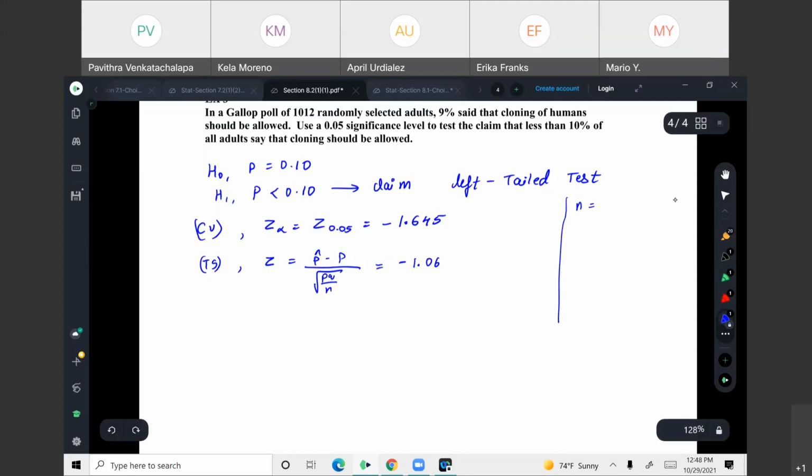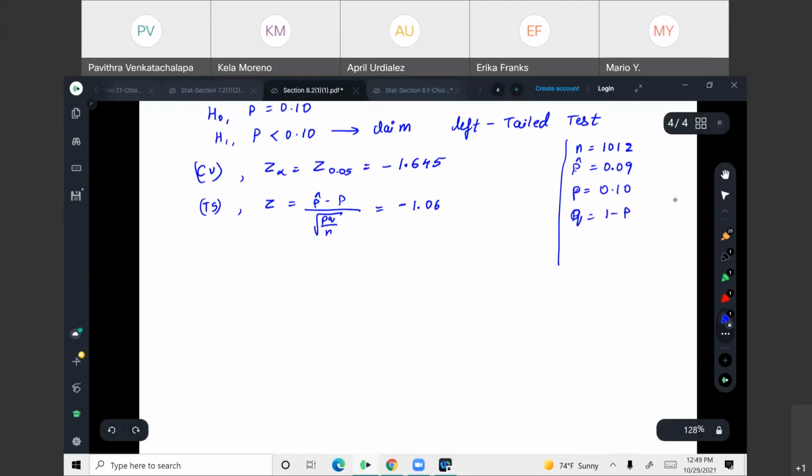So n, according to the problem, is 1012. p cap will be 9%, which is 0.09. And for q, let me write p. p is 0.10 and q will be 1 minus p. Once you get critical value and test statistic, you will have to find out the p-value.